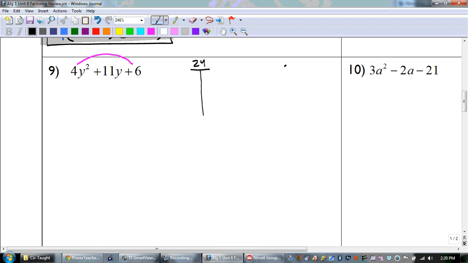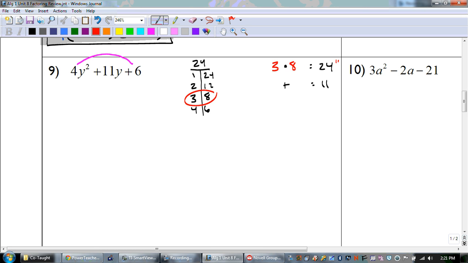I'm looking for numbers that multiply to get to 24 and add to get to 11. So if you don't know them, 1 and 24, 2 and 12, 3 and 8, 4 and 6. Which set is it? Yeah, you should get 3 and 8.